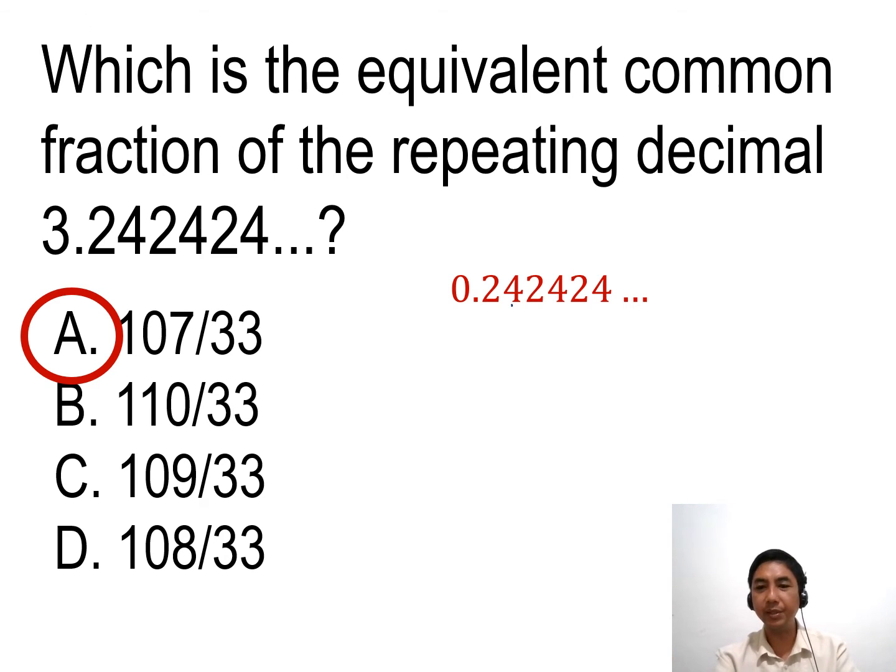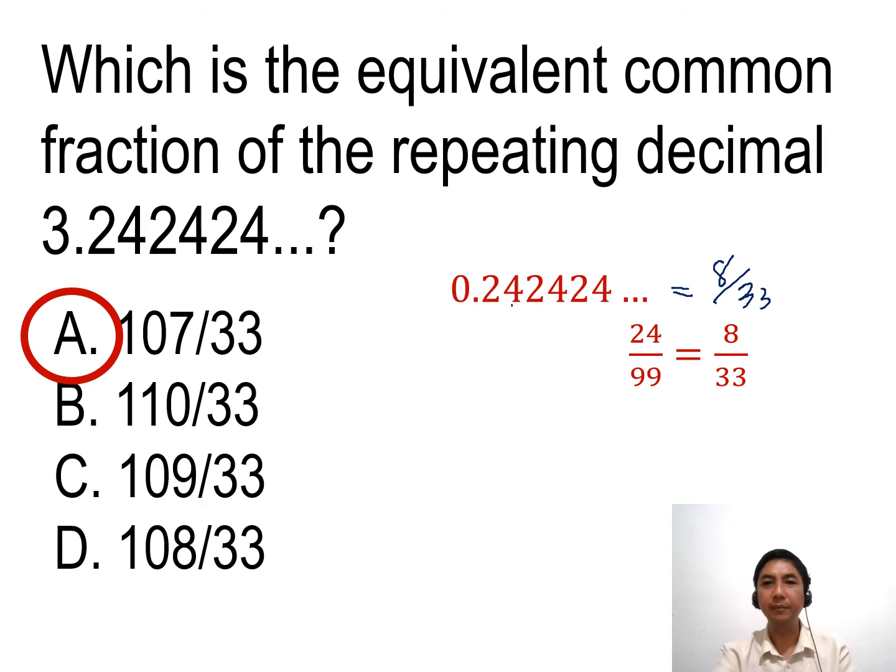So, 2 digits. So, what you are going to do is to divide 24 by 99. And then you simplify. 24 is divisible by 3. So, 24 divided by 3 is 8. 99 divided by 3 is 33. Okay po? So, in other words, itong fraction na 0.242424 is equal to 8 over 33 lang naman.